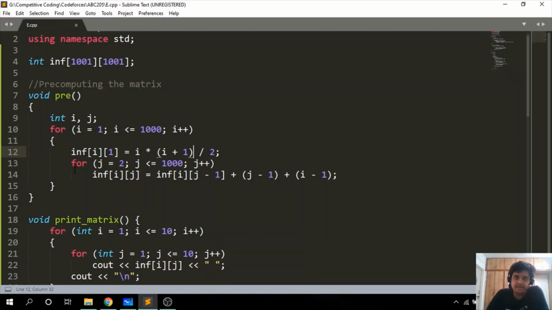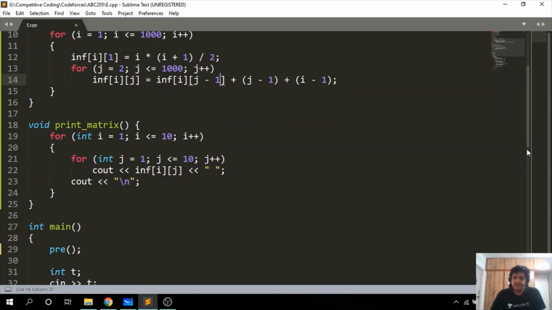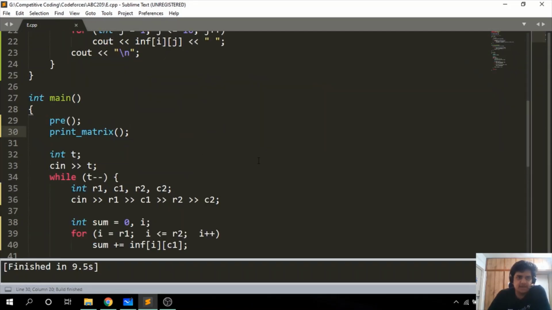Now we calculate the corresponding numbers in its rows using the recurrence relation inf of I comma j equals inf of I comma j minus 1 plus j minus 1 plus I minus 1. Using this we can pre-compute the infinite matrix. Here I have just written a print matrix statement. Now let us come to the main part.